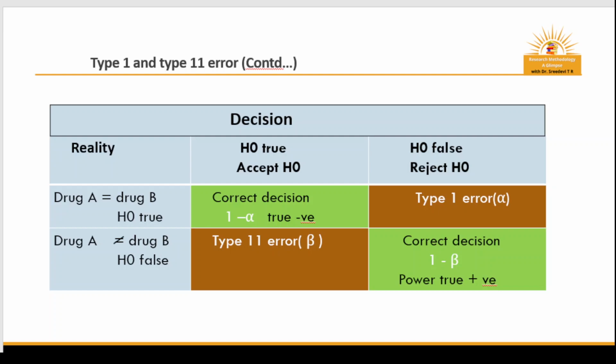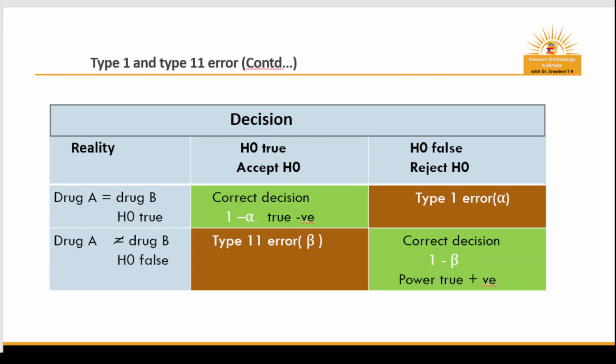That is true negative. H0 true, but the null hypothesis is rejected. That is type 1 error alpha. That is incorrectly rejecting a true null hypothesis at a level of significance of 5%.